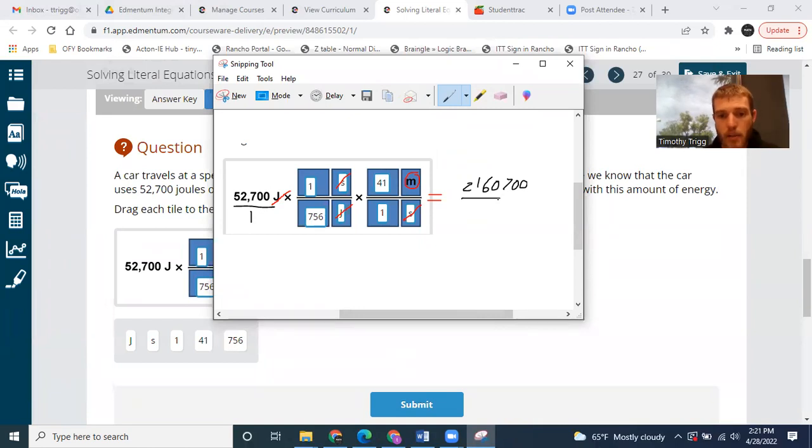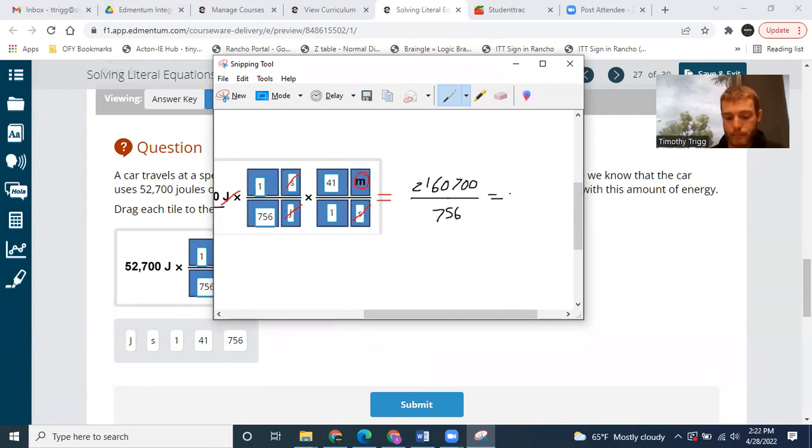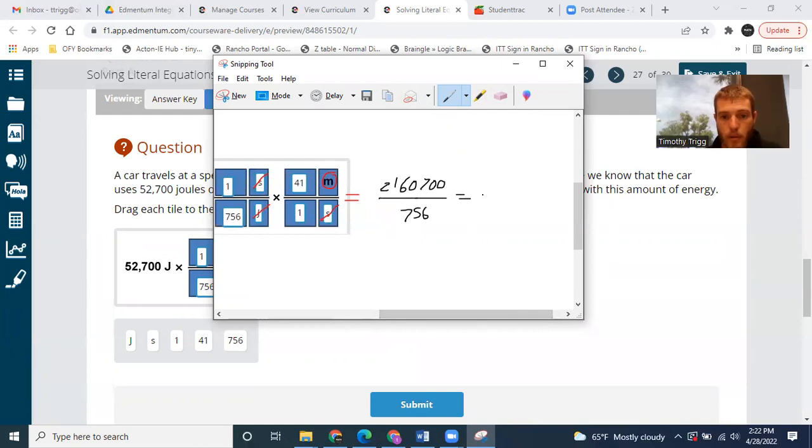Hopefully you got something similar using your calculator. On the bottom, we have 756. Then you go ahead and divide that, which gives us 2,858.